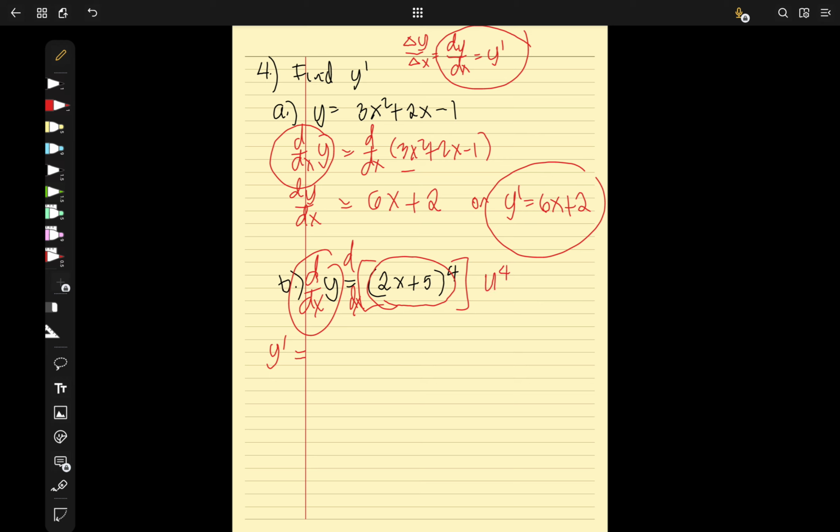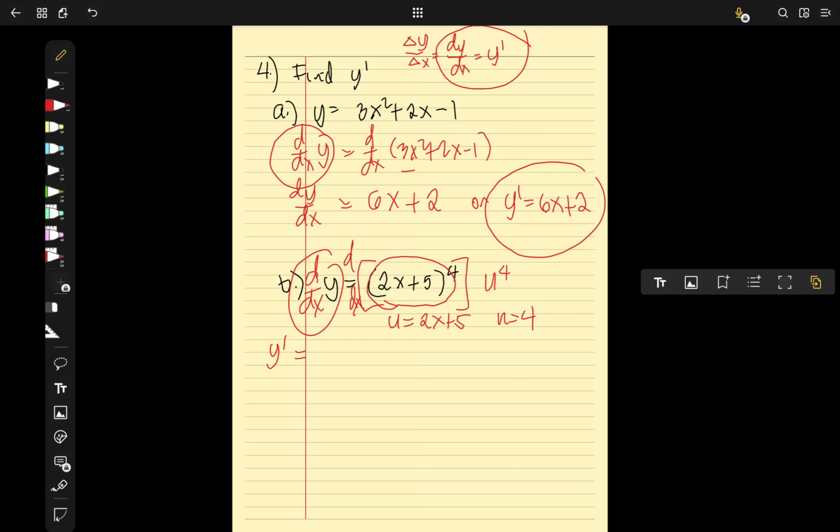So if u is equal to 2x plus 5, ang n natin dyan ay 4. O balikan natin yung formula. Ano ba yung formula pag u raised to n? Diba? n times u raised to n minus 1 times the derivative of u.